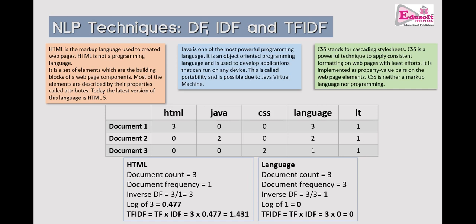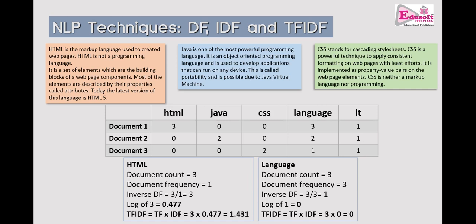How? Inverse document frequency is calculated by first taking the number of documents. In our case, the number of documents is 3. And it is divided by the term frequency of the term.